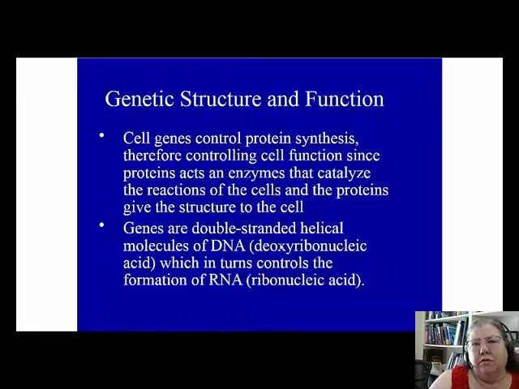The structure of the gene, and I know that this is review from undergraduate physiology, is that it is a double-stranded helix. So there is a double-stranded helix of DNA, deoxyribonucleic acid, and DNA is used to synthesize RNA, or ribonucleic acid, and then RNA functions to produce proteins.